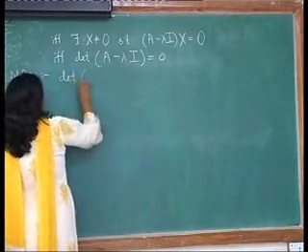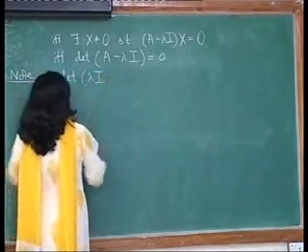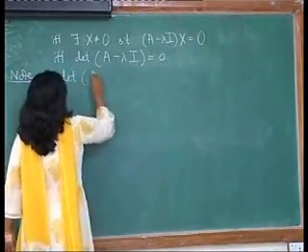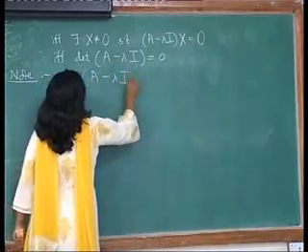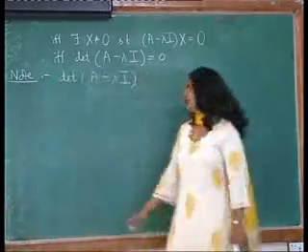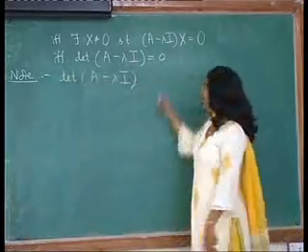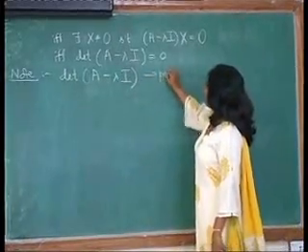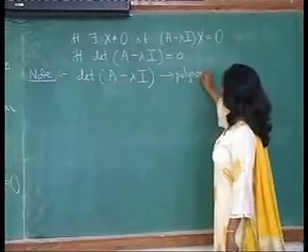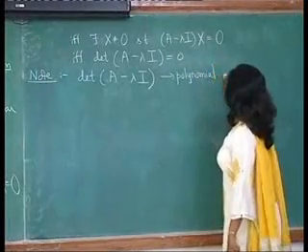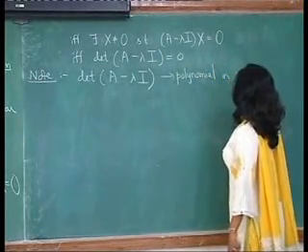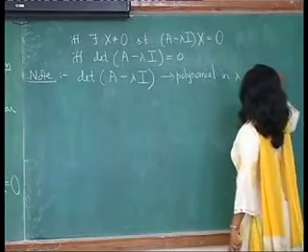If we expand, from the examples it will be clear, this expression determinant A minus lambda I works out to be a polynomial in lambda of degree n.